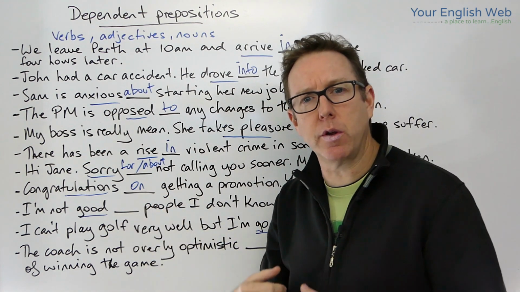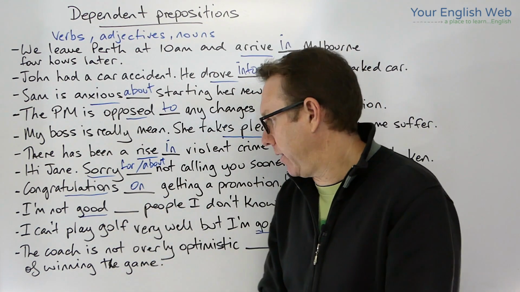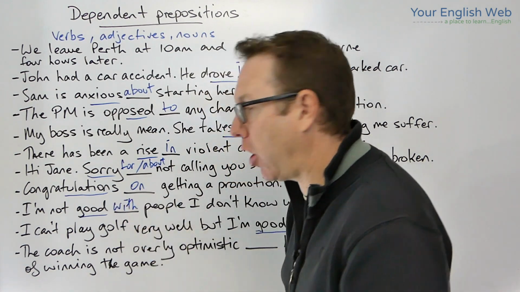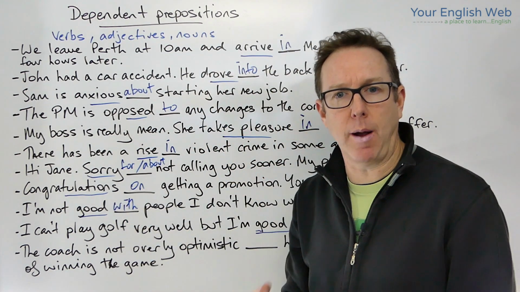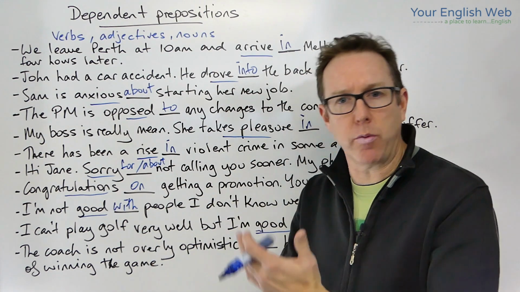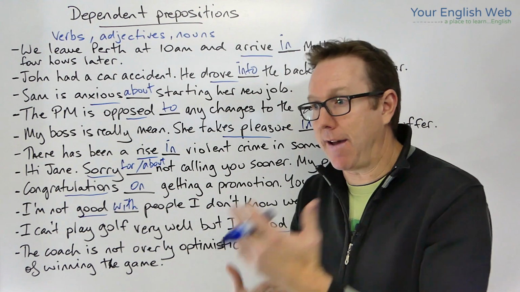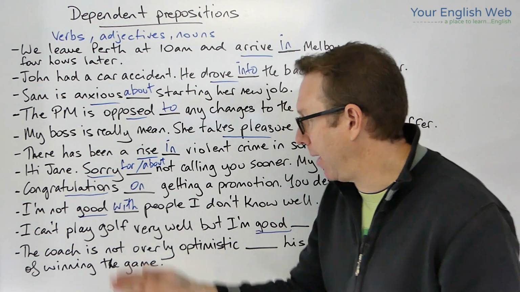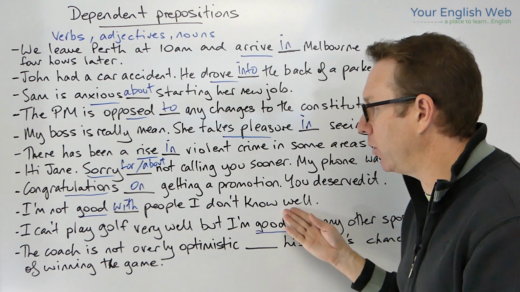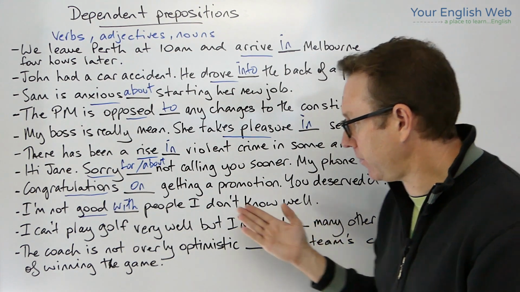I'm not good with, okay? I'm not good with people. I don't interact well with people, or I don't have relationships easily with people. I'm not good with people I don't know well.